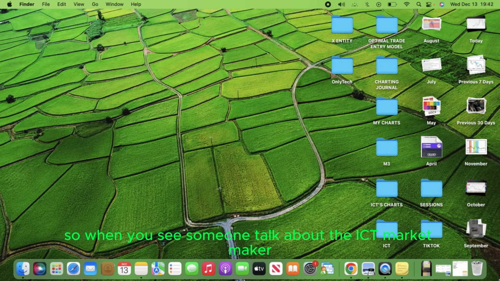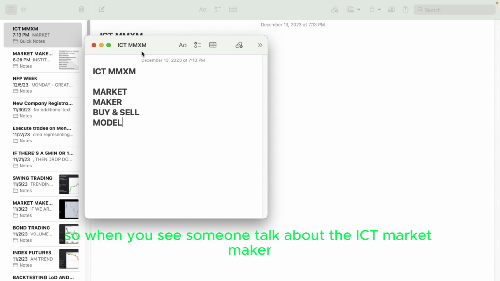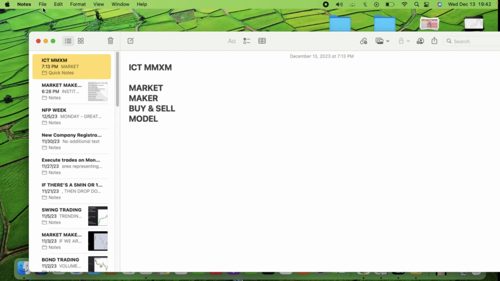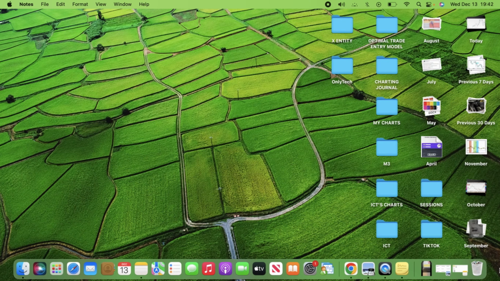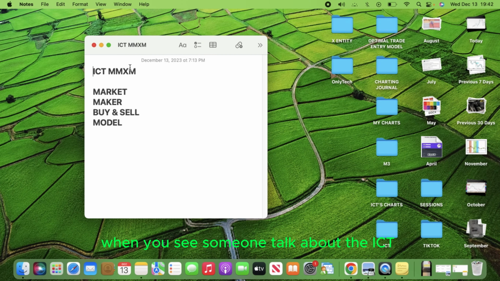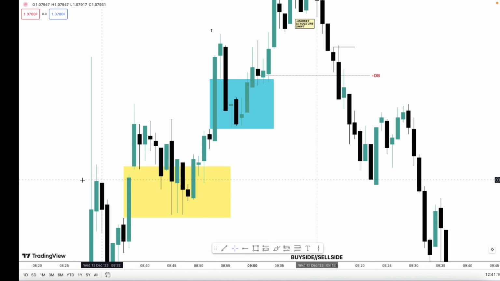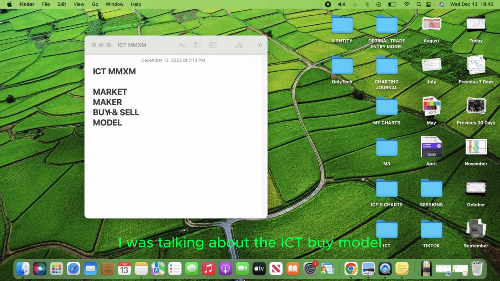So when you see someone talk about the ICT market maker X model, the X simply stands for buy and sell. So what that means is that on the left, I was talking about the ICT buy model.